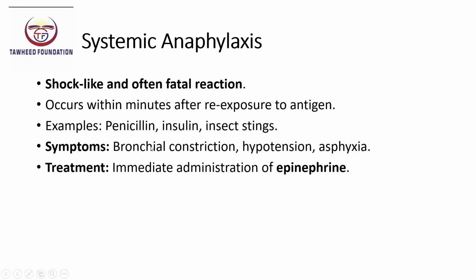The reaction involves widespread mast cell degranulation, causing bronchial constriction, low blood pressure, and in severe cases, asphyxia. Immediate treatment with epinephrine is critical to reverse these life-threatening effects. While rare in humans, it highlights the extreme consequences of an uncontrolled type 1 reaction.